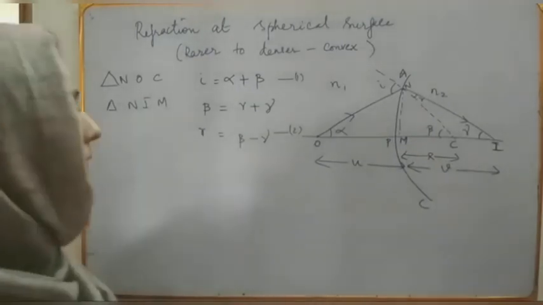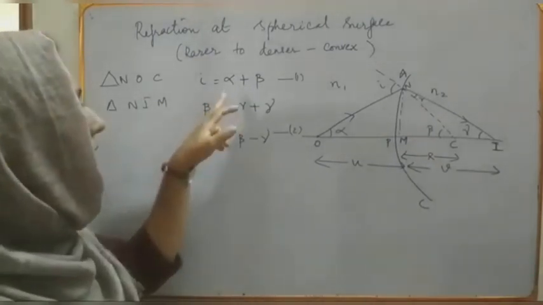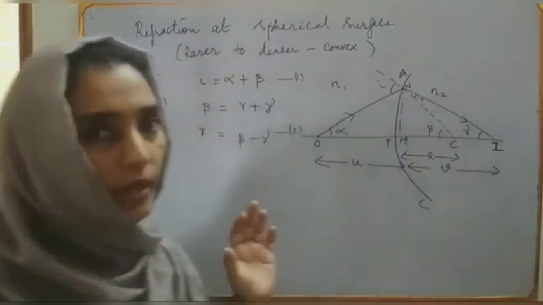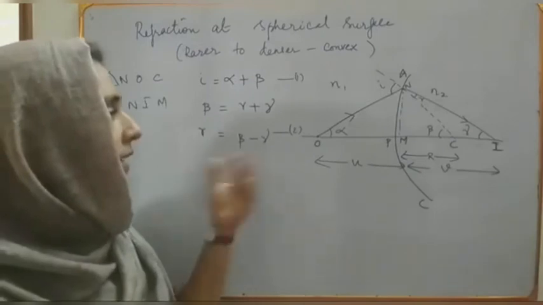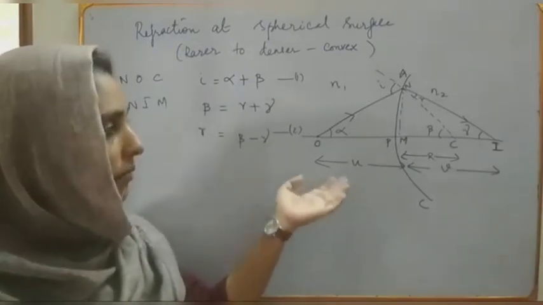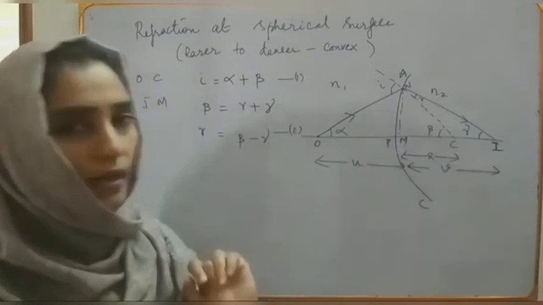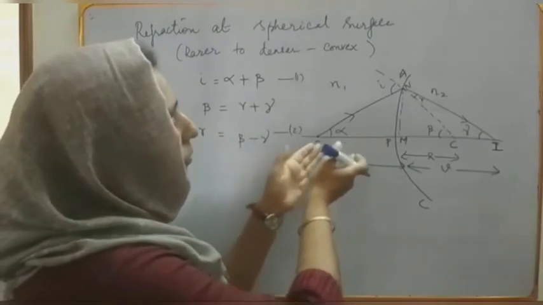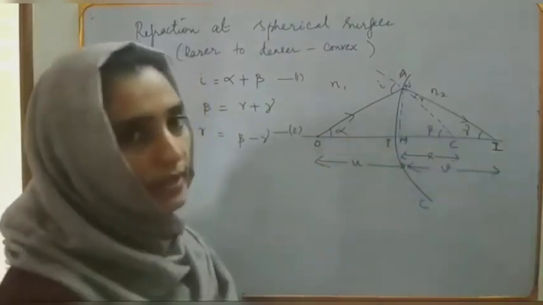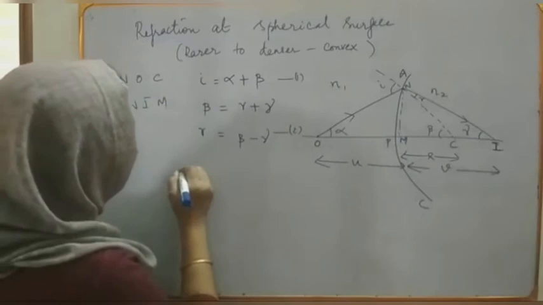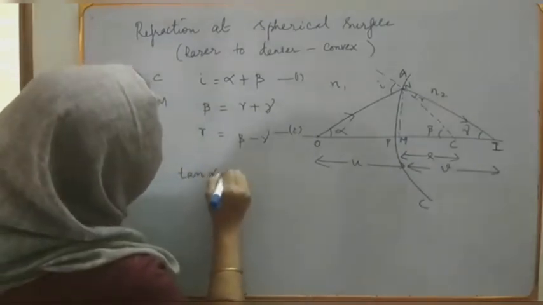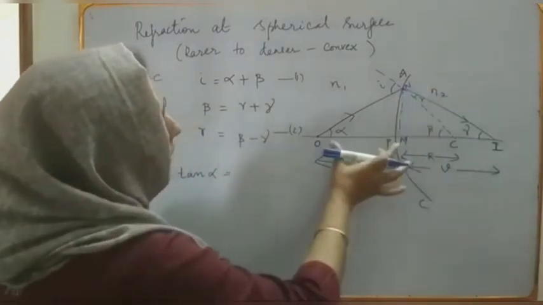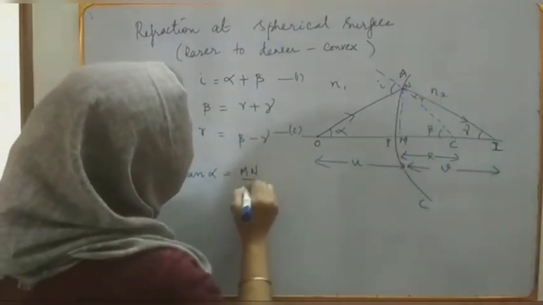Now we can write what alpha, beta and gamma are in terms of tangent, the tan of alpha, tan of beta, tan of gamma. In that form we can write it, because it will be easier for us to bring the dependence of OM, MC and MI into the equation. Tan alpha is equal to NM divided by OM, or MN divided by OM.